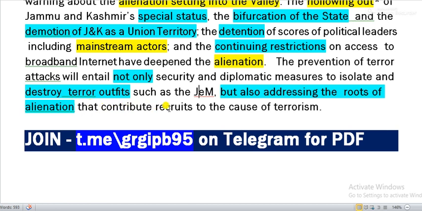The causes that made J&K people become recruits and bring about terrorism. So these two things can be finished off by this prevention. This is the obvious conclusion made by the author, and it is in the form of appreciation as well.